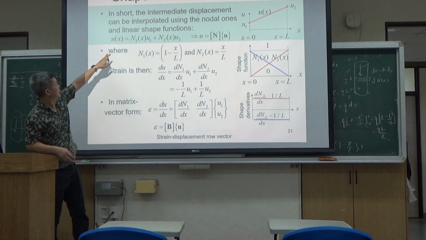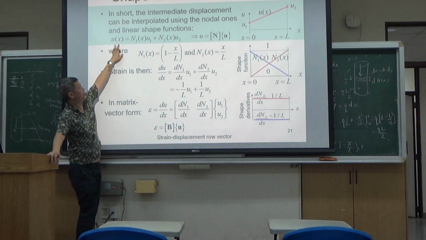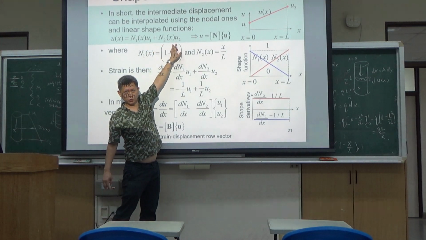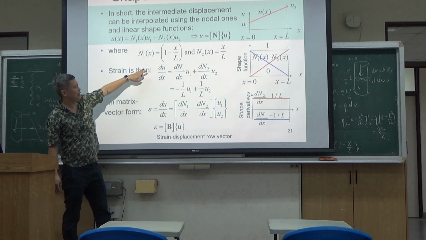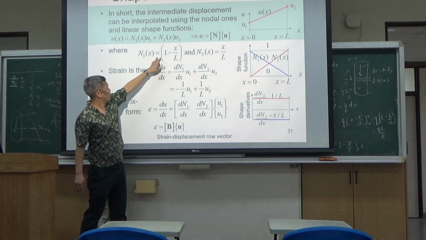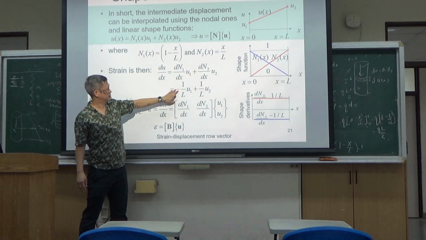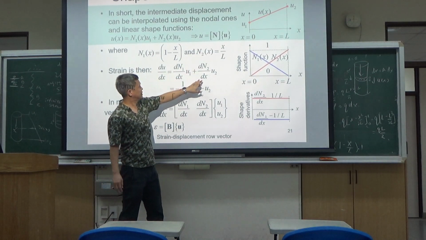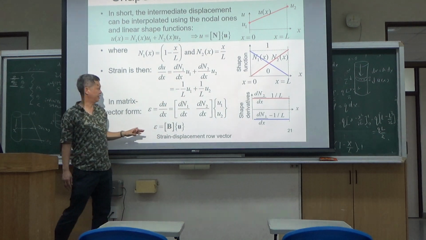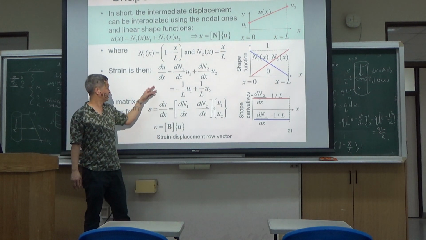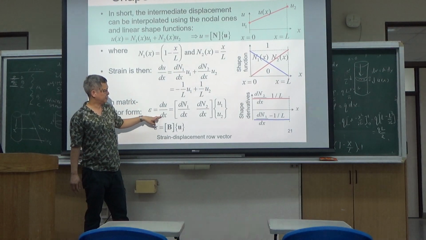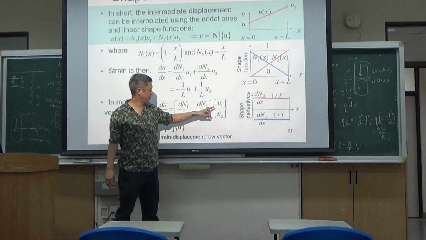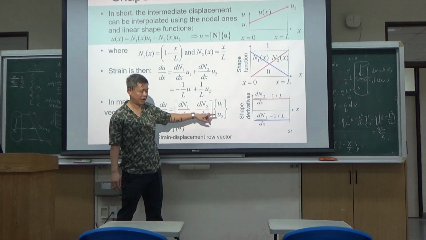So in a way, if I have my displacement written as shape function N1 times U1 and shape function N2 times U2, I can find my strain by differentiating the shape functions. 1 minus x over L after differentiation is minus 1 over L, and N2 after differentiation is 1 over L. In this way, we can write the strain du dx as the derivative of shape function 1 times U1 plus the derivative of shape function 2 times U2.